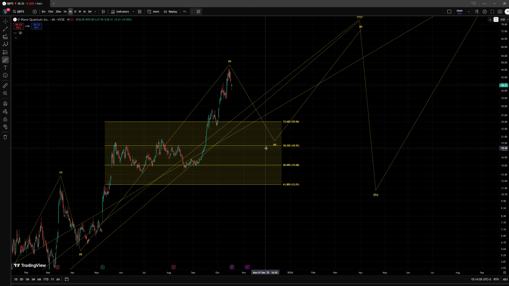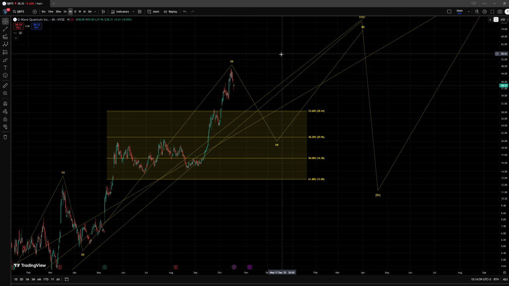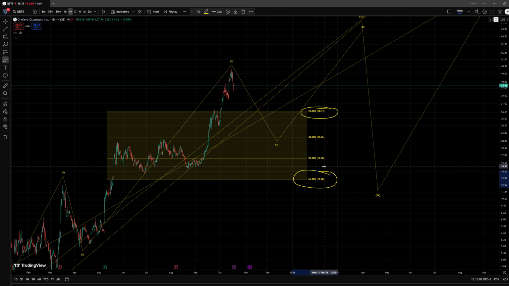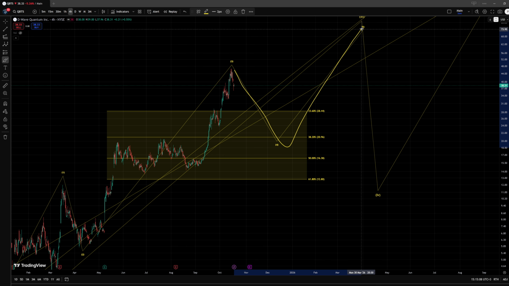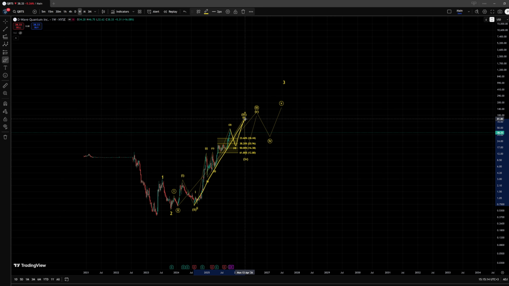But in case it did, I would be looking for support in the area, let's update it, between the $28.5 level all the way down to the $12.8 level. And as long as that holds, we can still look for continuation to the upside in a fifth wave to complete this large structure in a wave 3.